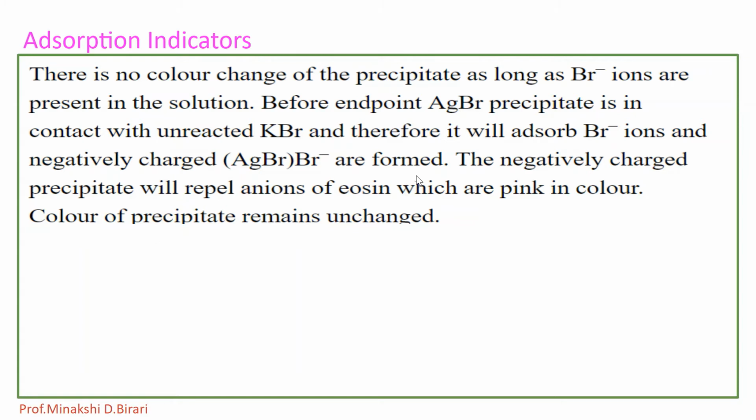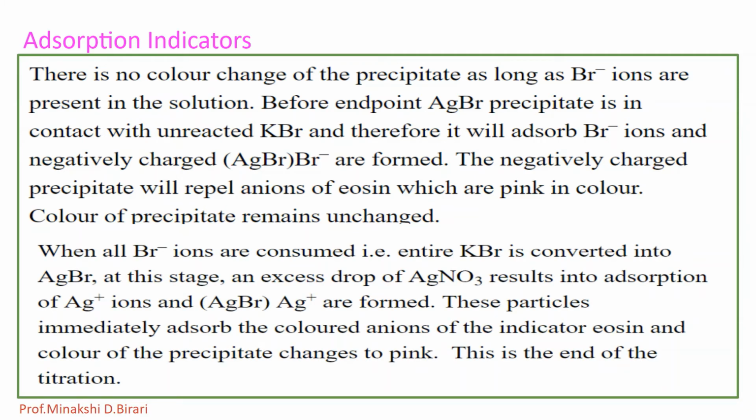The negatively charged precipitate will repel the anion of eosin, which is pink in color, so that the color of the precipitate remains unchanged.